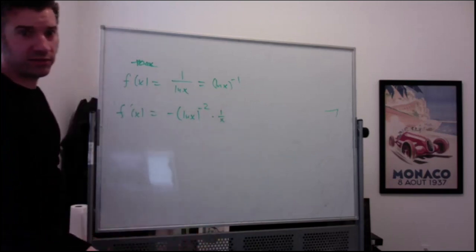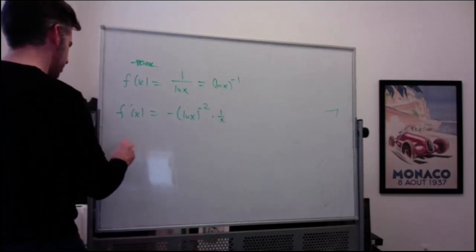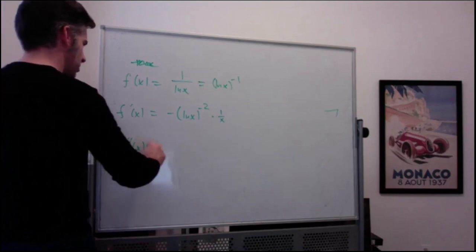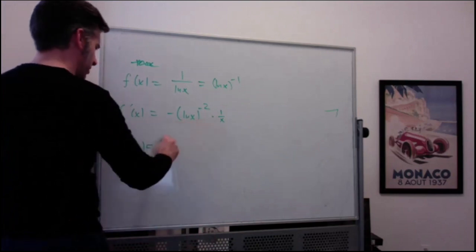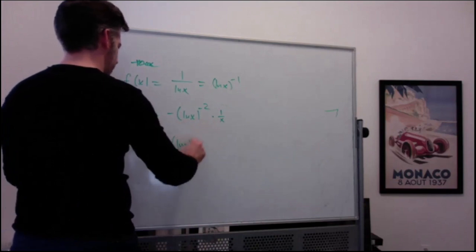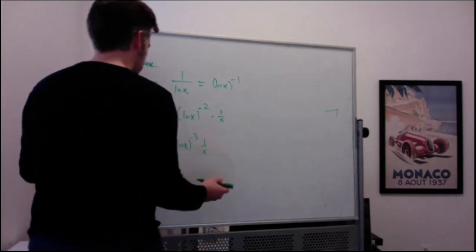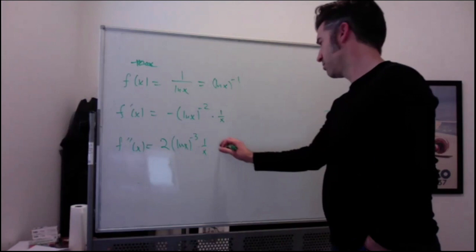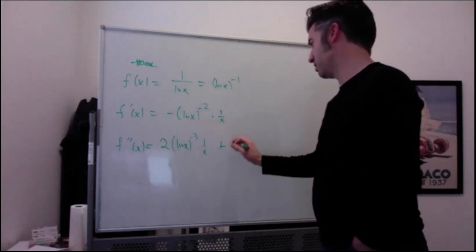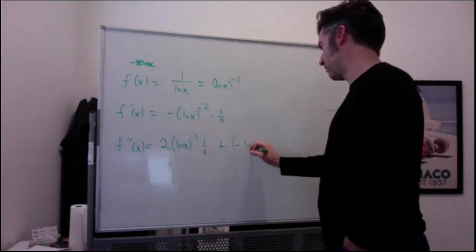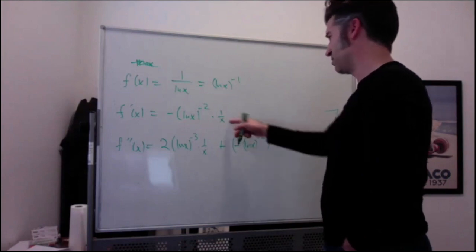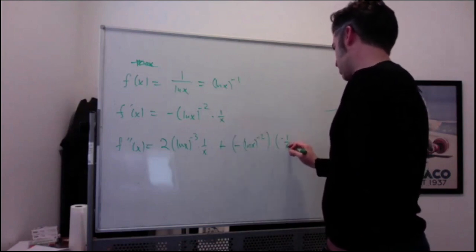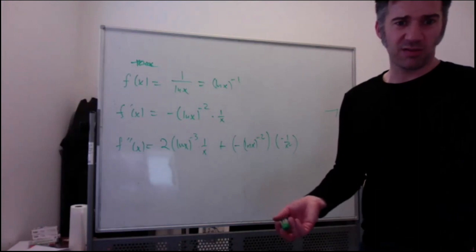And my second derivative here is going to be kind of gross. Let's see, I use the product rule: it's going to be 2 times the natural log of x to the negative third times 1 over x, plus the negative natural log of x to the negative second times the derivative of this, which is negative 1 over x squared. Yeah, that's looking pretty gross.